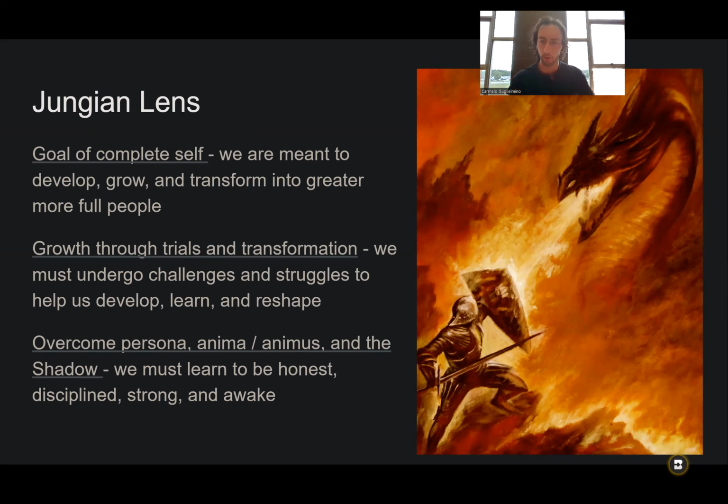Stories like Harry Potter also have the same thing, where we have a shadow character like Lord Voldemort, literally putting a part of himself into Harry Potter, and then Harry Potter having to deal with that and control that in some way. So characters that are touched by their shadow, characters that need to integrate their masculine and feminine features, characters that need to really understand themselves and how to behave in the world in their persona, the Jungian lens will focus on that.